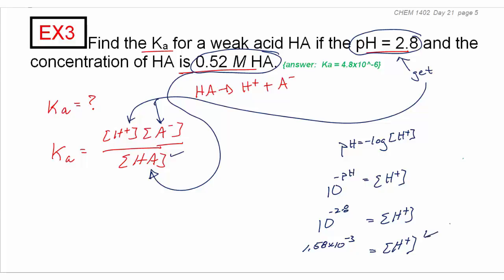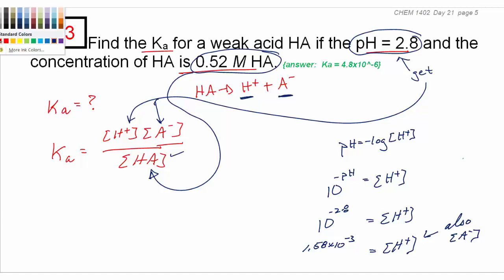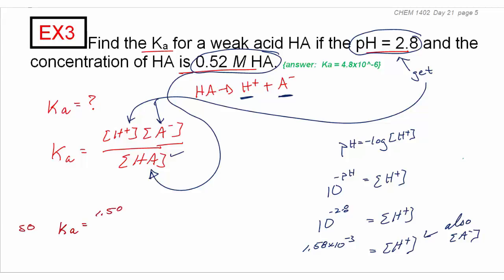That is also the concentration of A minus. Right? They break up 1 to 1. For every one hydrogen ion, you get one conjugate base. So we're pretty much done. Just substitute everything in and plug and chug. So Ka is going to be hydrogen ion, which we said is 1.58 times 10 to the negative 3.